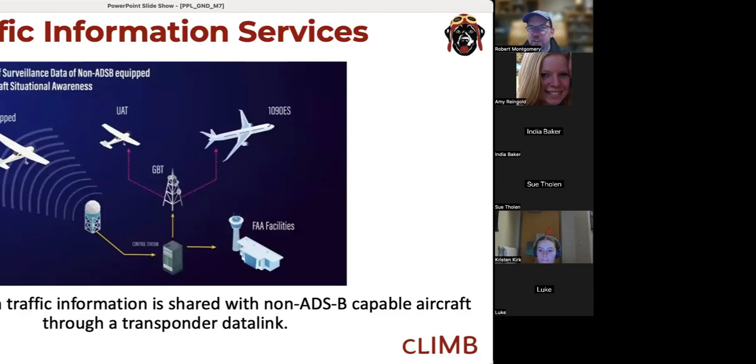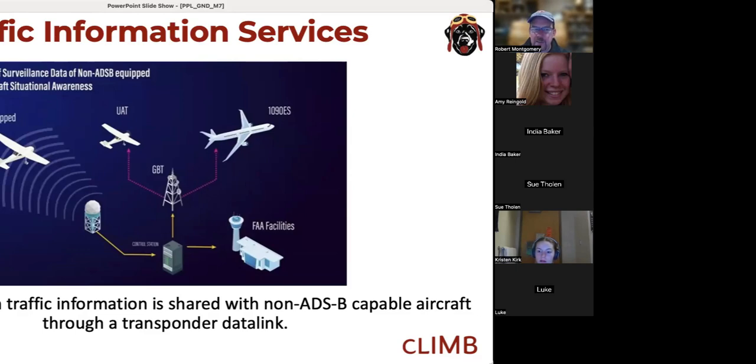And then the last service we're going to talk about here is TIS-B, which is Traffic Information Service. I describe this as backwards ADS-B. In this case, you have all these aircraft that have ADS-B, but you still have some non-equipped people out there.